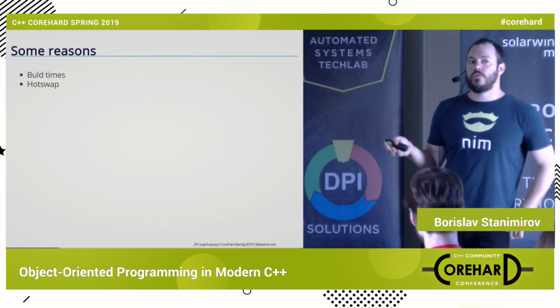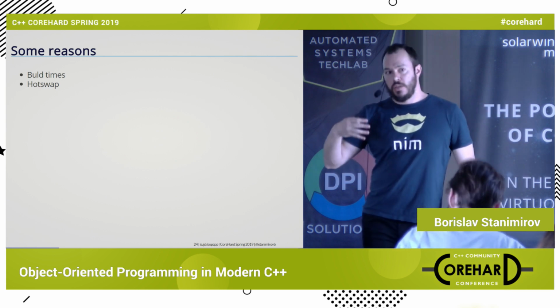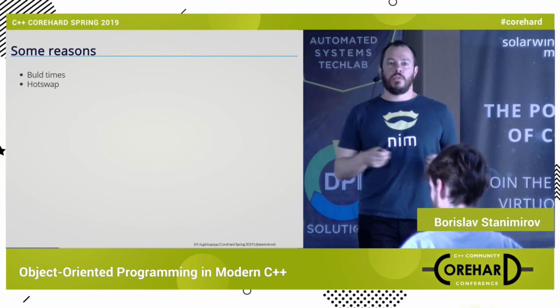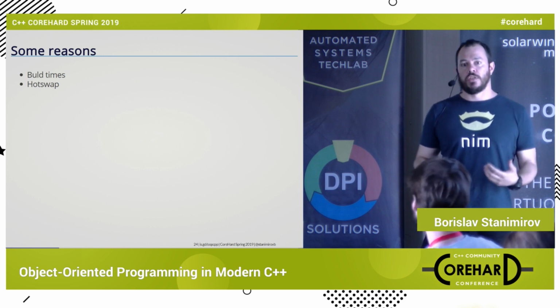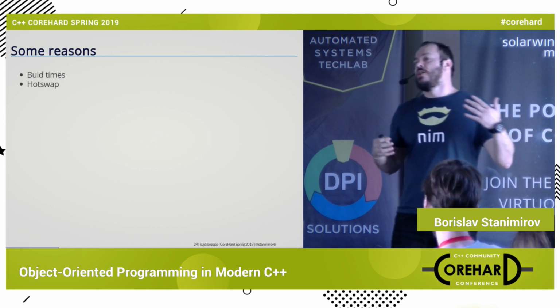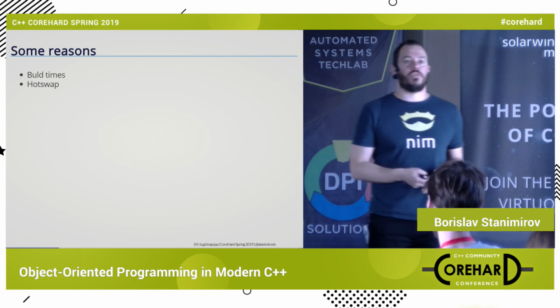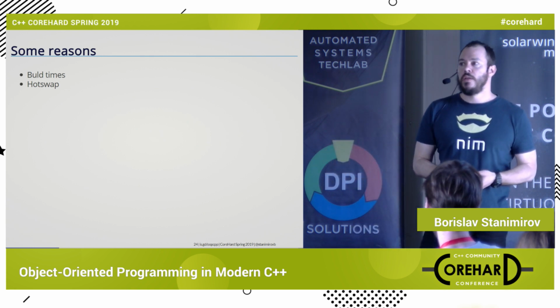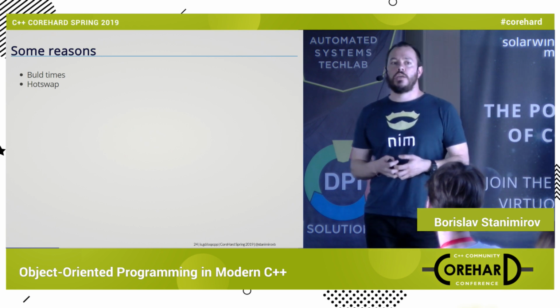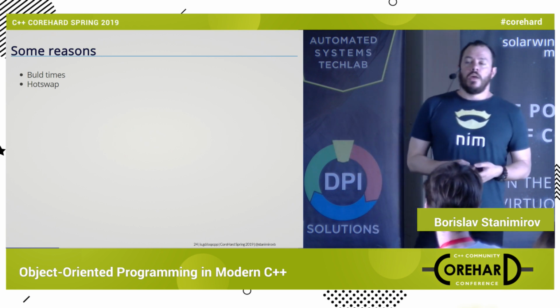Hot swap is basically running your program and then swapping a piece of code that is part of your program as it runs without having to restart it and try to get back to the same state. You just swap the piece of software and it runs from there. This is really easy in the languages I just mentioned.